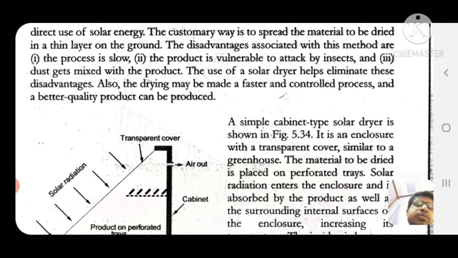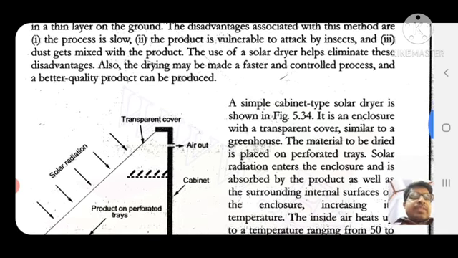The use of a solar dryer helps eliminate these disadvantages. Also, drying may be made a faster and controlled process, and a better quality product can be produced.